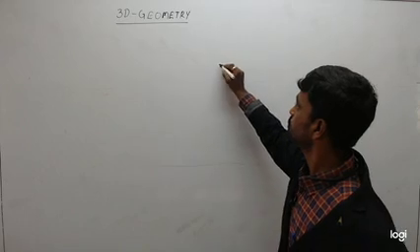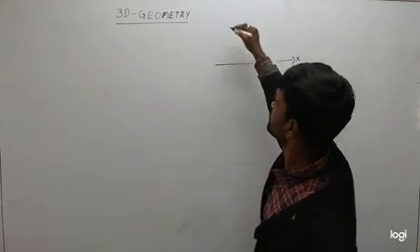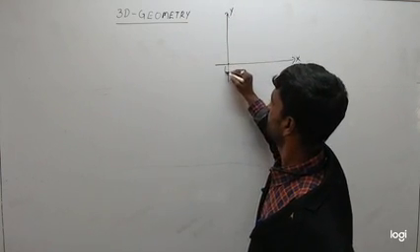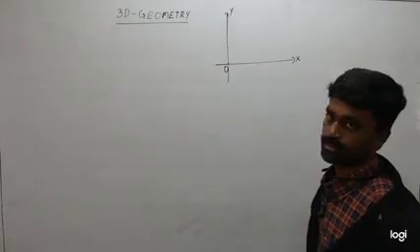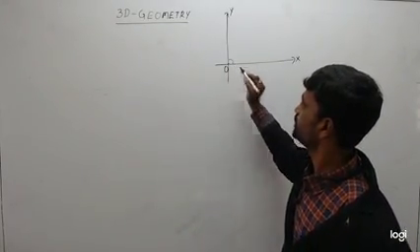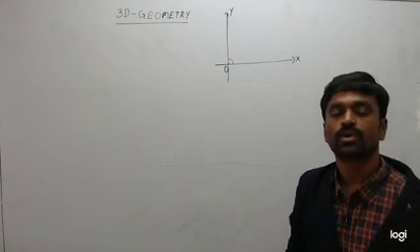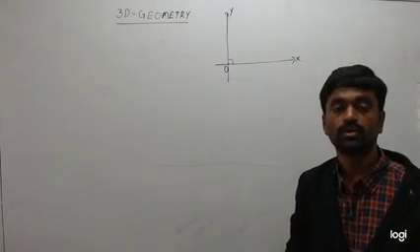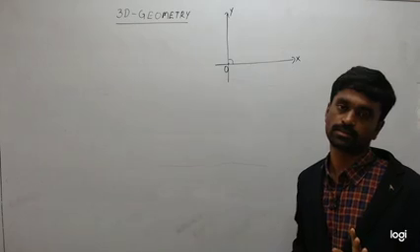Now consider two mutually perpendicular lines x dash O X and y O y dash, which are intersecting at O. The first is the X-axis and the second is the Y-axis. These two are mutually perpendicular lines. Now you consider one more line which is perpendicular to both the x-axis and y-axis.